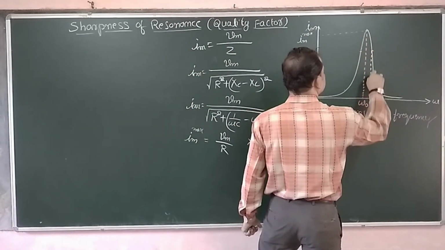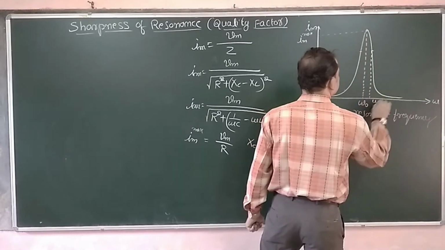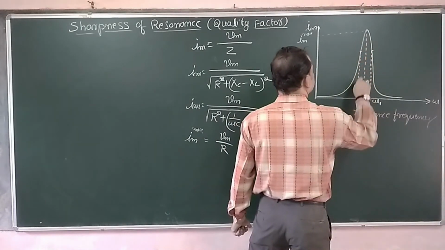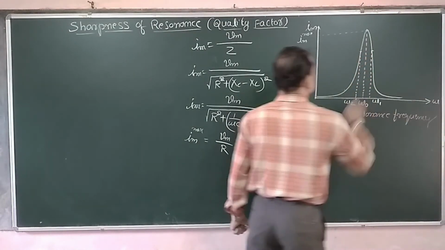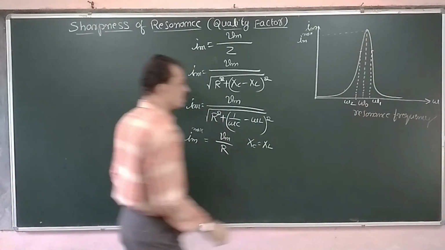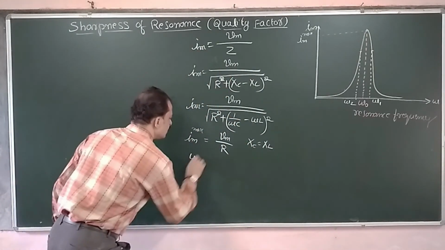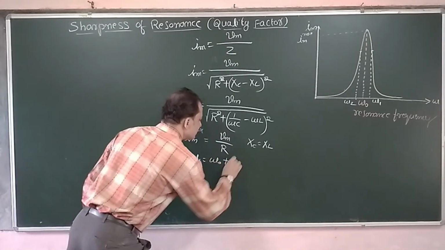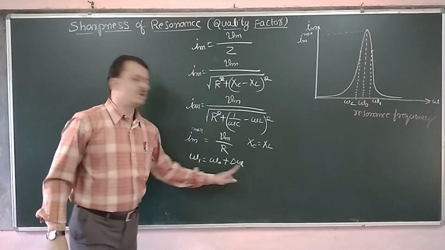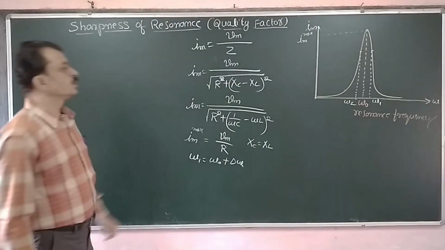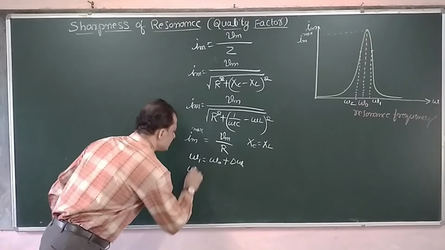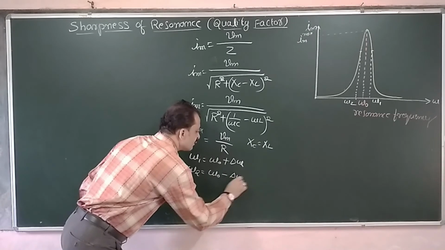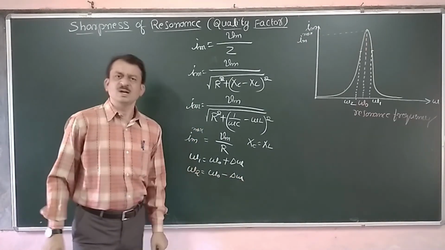This frequency, which is a higher frequency, let me call it omega 1. The lower frequency, let me call it omega 2. Now we are choosing two frequencies: omega 1, which is above the resonance frequency by a value delta omega, and one more frequency, omega 2, which is below the resonance frequency by a value delta omega.